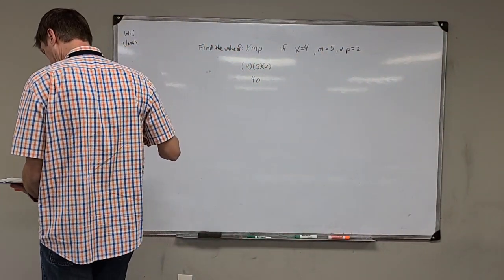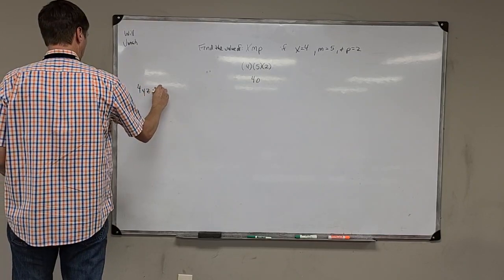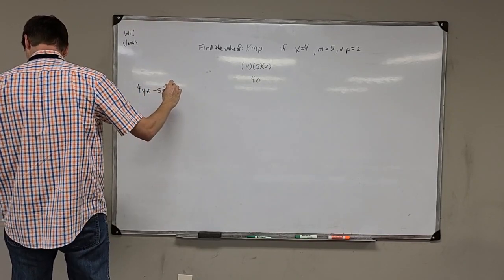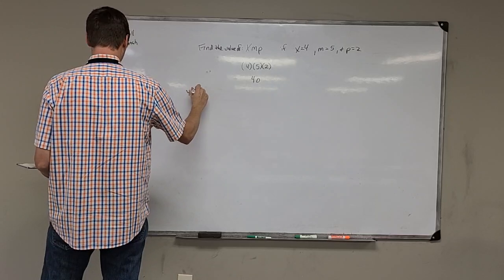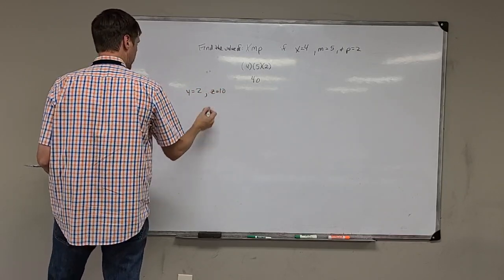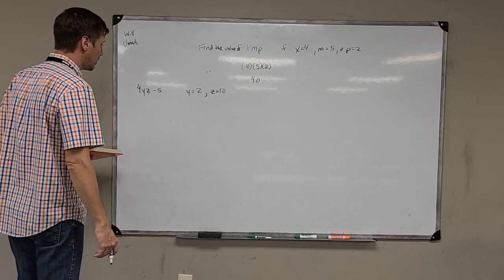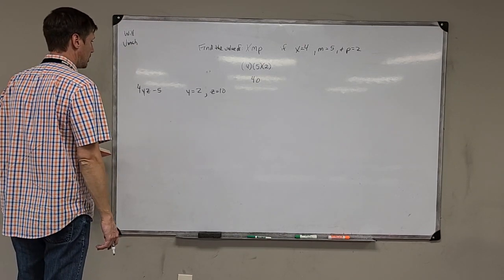What if we had 4yz minus 5, and they tell us that y equals 2 and z equals 10? Multiply 4, 2, and 10. Multiply all of them, or besides the 5, obviously.